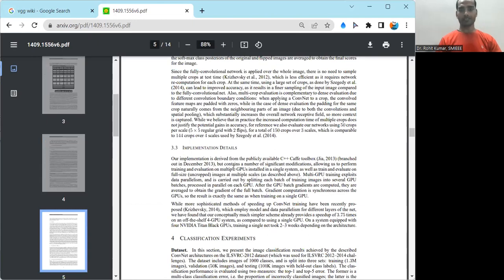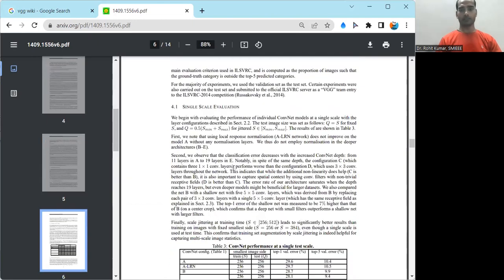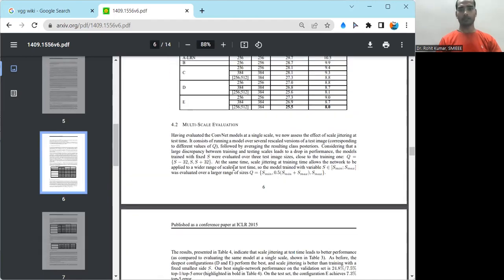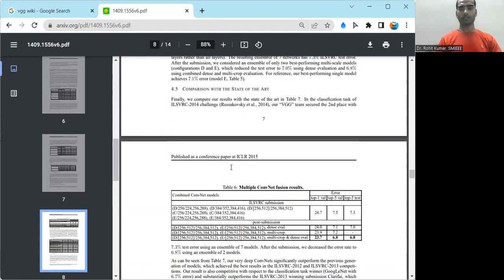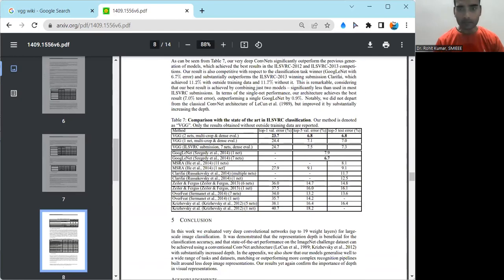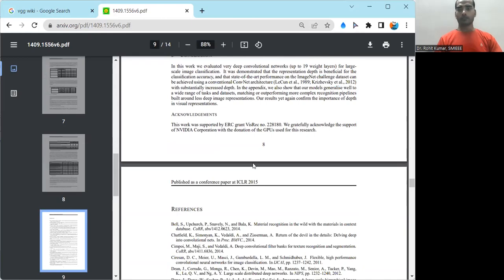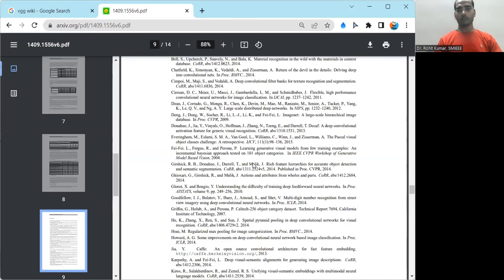Then they have shown and discussed the classification experiments with respect to single scale evaluation and multi-scale evaluation. So these are the kind of things which are available over here. And if you see, they have given the comparison with the state of the art in ILSVRC classification, and finally they have concluded the work. So quite a straightforward paper.